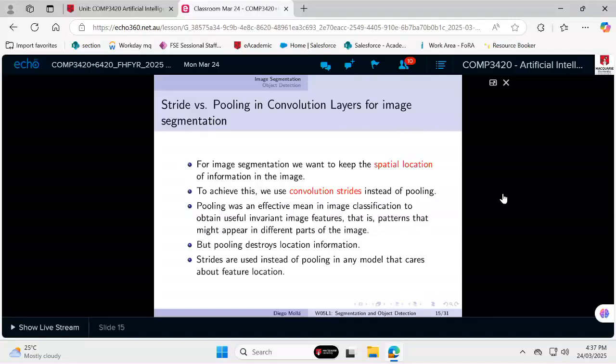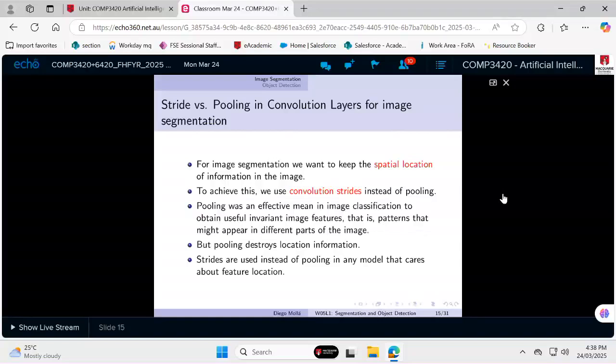The other trick you need to do, it's not so much a trick, but you should not use pooling. In image classification, you normally have convolution and sometimes pooling. Pooling is good when you want to find some invariant pattern, no matter where in the region.